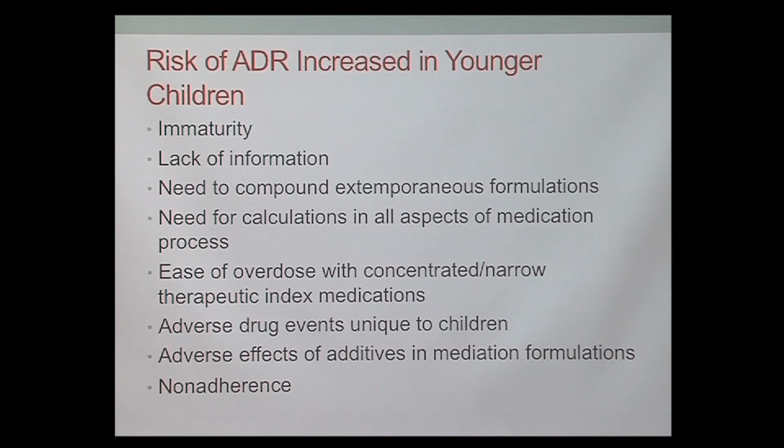In all aspects of medication process of pediatric patients, we have calculations included. Calculations, and anything that's done manually means there's a chance that you could do that calculation wrong. We have a fairly high chance of overdose with these concentrated medicines because many of our pediatric medicines that we have to use for kids, they come in very concentrated forms that are adult forms.